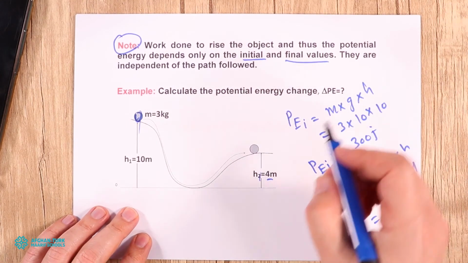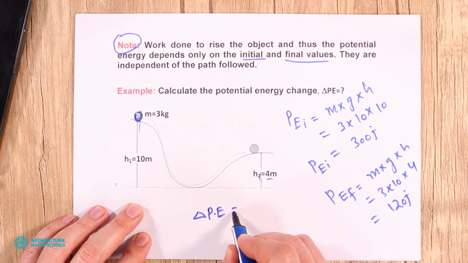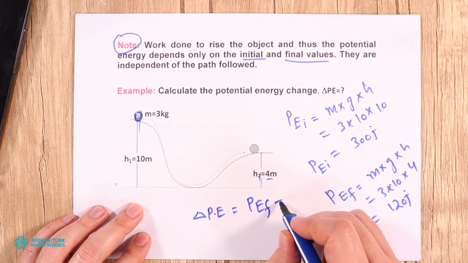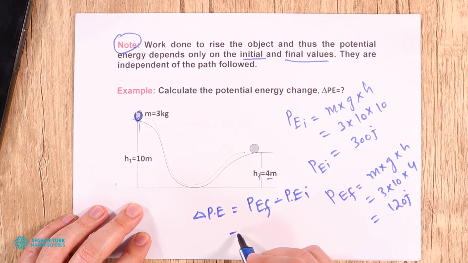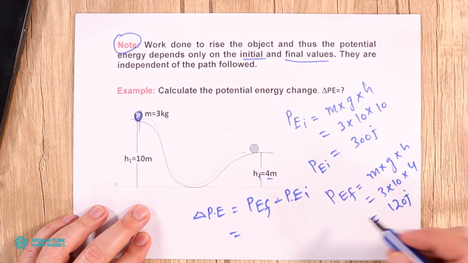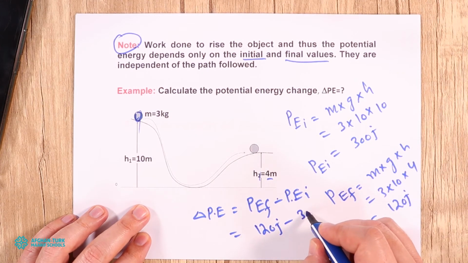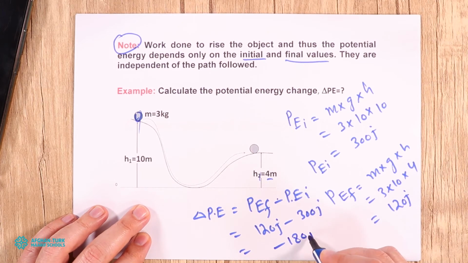So what is the change in potential energy? This means final potential energy minus initial potential energy. The final is 120 joule minus the initial 300 joule, which is equal to minus 180 joule.